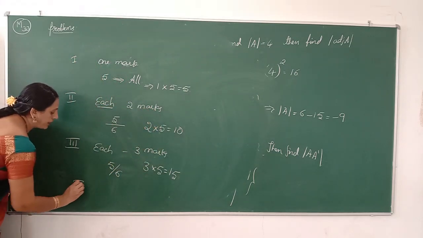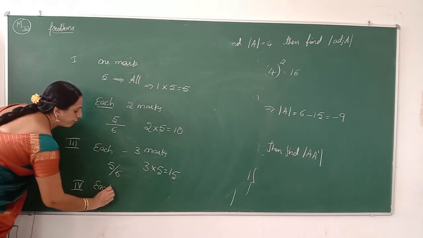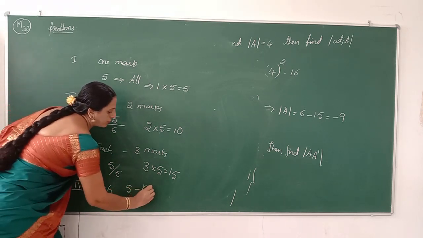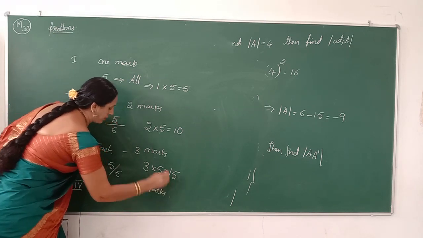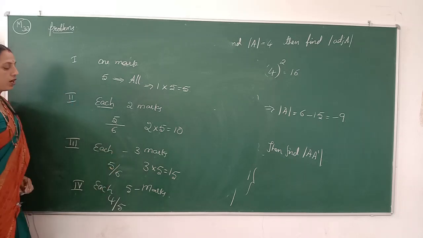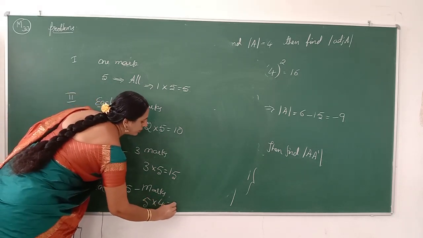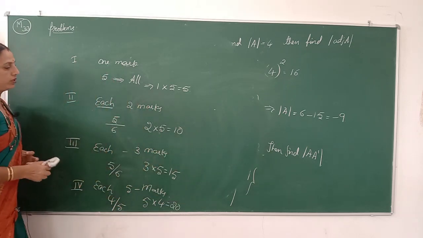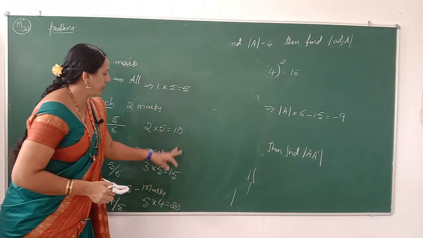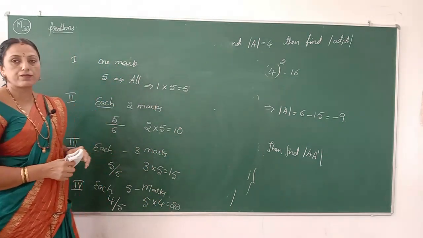And the fourth main, each question carrying 5 marks. So 4 out of 5, that is 5 into 4 is equal to 20. So therefore total marks will be 50 marks: 20, 35, 45 plus 5 is 50 marks.